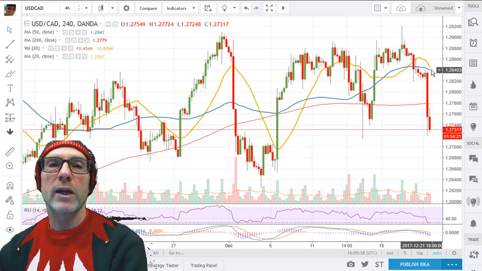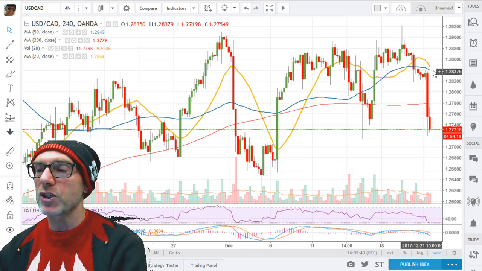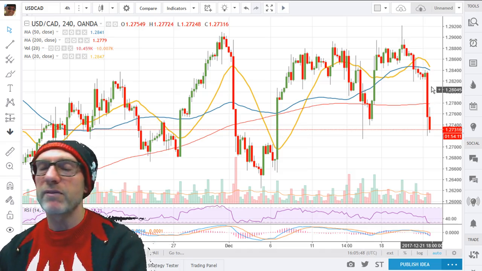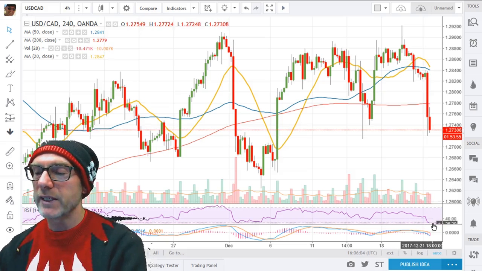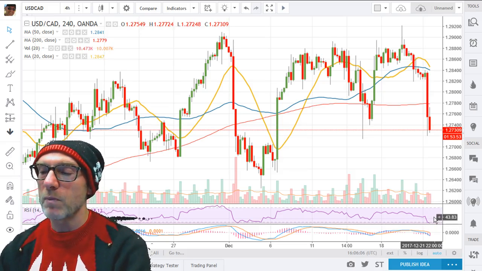The 20 will create a bearish cross on the 50 probably tomorrow, so that will add weight to the downside argument and would give very severe resistance if the dollar were to bounce back up. On the volume, you can see that we are having quite high volumes on the sell days, which reinforces that picture, and the MACD and RSI are both indicative of negative momentum.